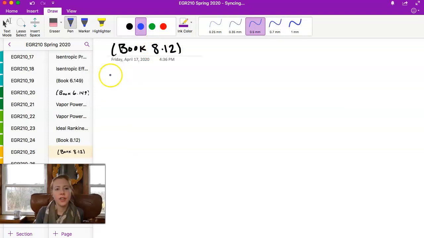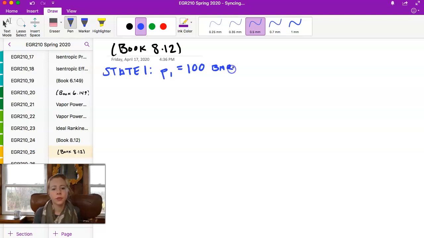Okay, so for state 1, P1 is 100 bar, and T1 is 520 degrees Celsius.